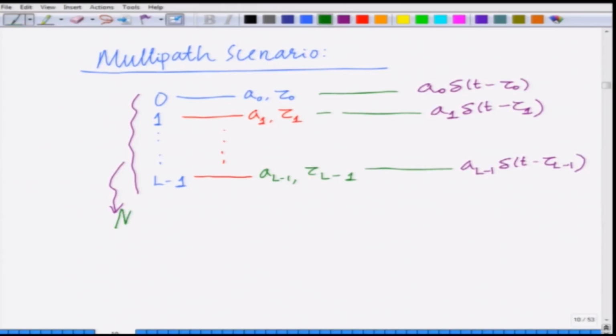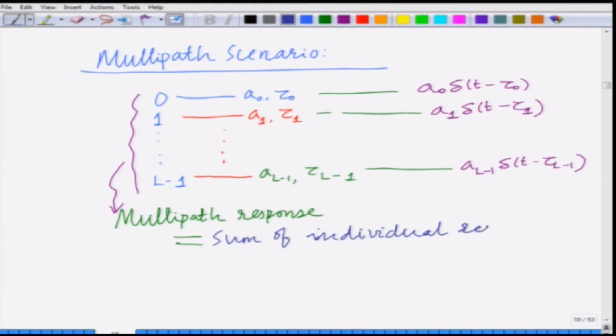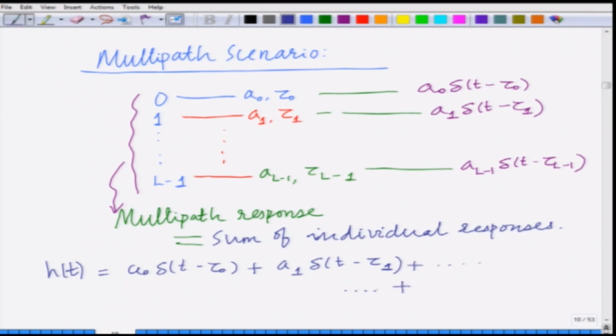So h(t) equals a_0 delta(t minus tau_0) plus a_1 delta(t minus tau_1) plus, and so on, up to a_(L-1) delta(t minus tau_(L-1)), which can be succinctly written as the summation of a_i delta(t minus tau_i), i going from 0 to L minus 1.